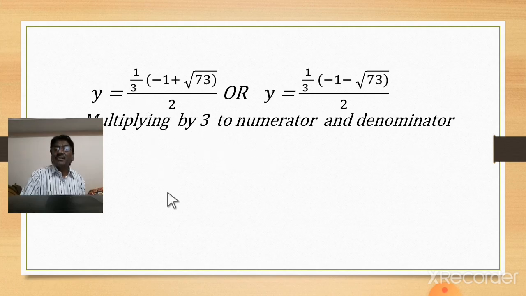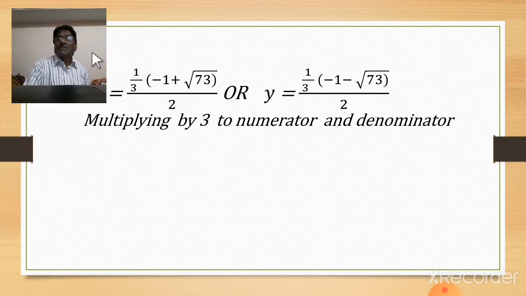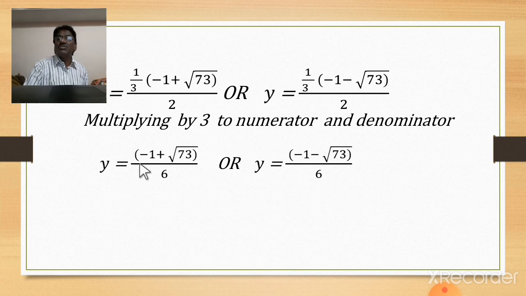Now, after multiplication, in the numerator 3 cancels, and 1 into that bracket is -1 plus root 73, upon 3 into 2, which is 6. Then we get y equal to (-1 plus root 73) upon 6, and second, (-1 minus root 73) upon 6.